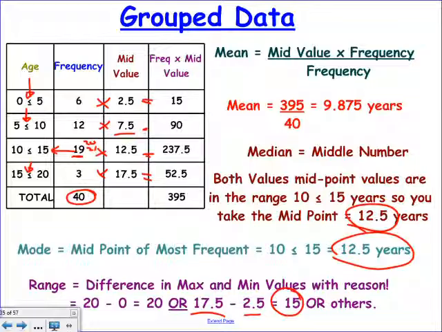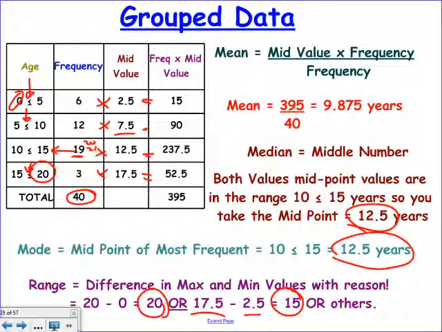Conversely, you could say, I'm assuming one of my 3 people is 20 and one of my 6 people is 0. So 20 minus 0 is also a valid range, but you have to say why you've chosen it. Okay? So either method for range is all right.